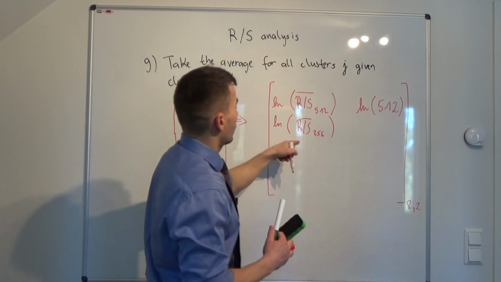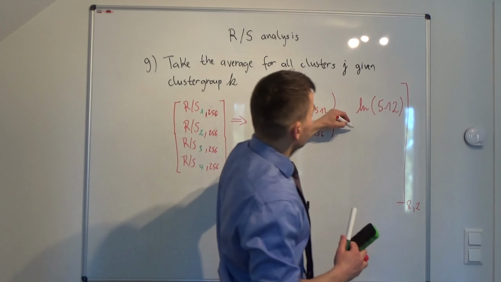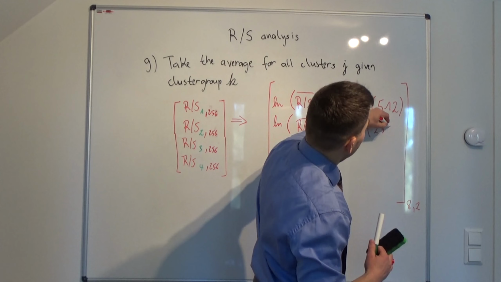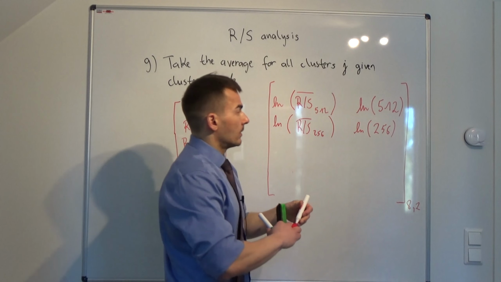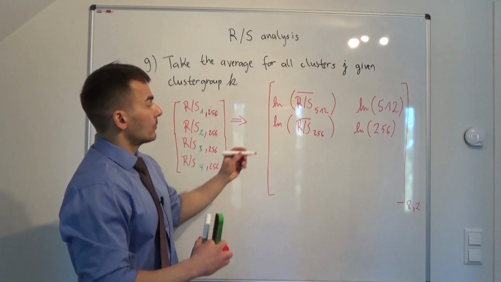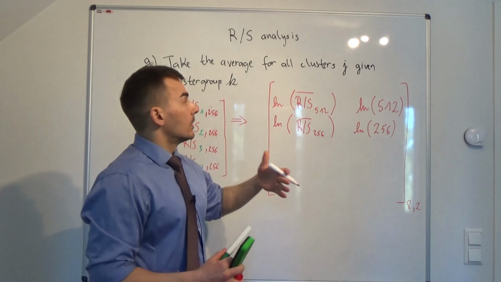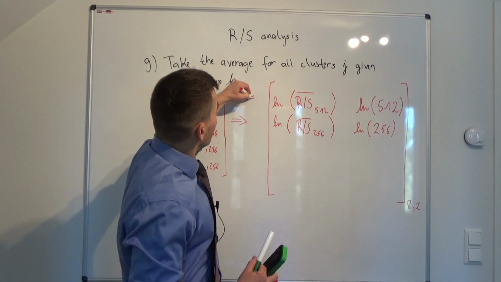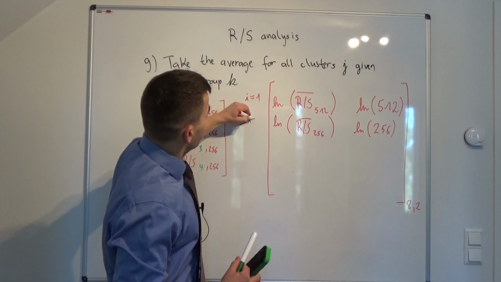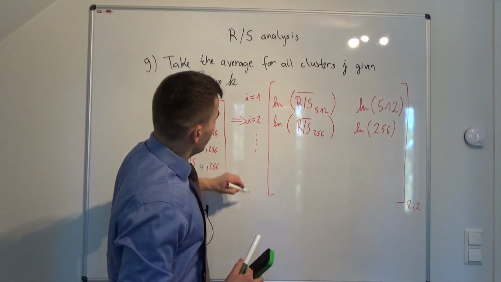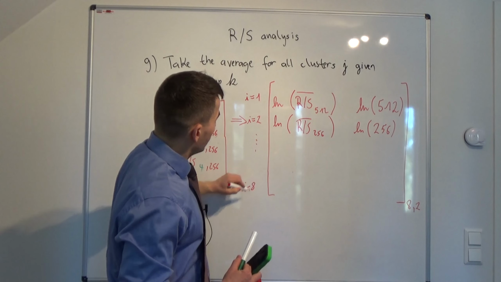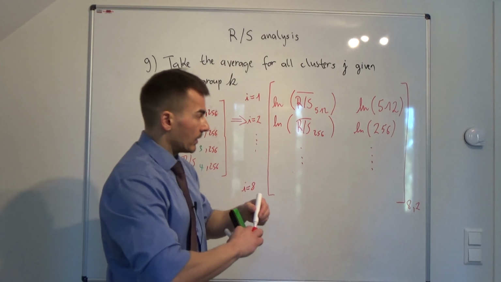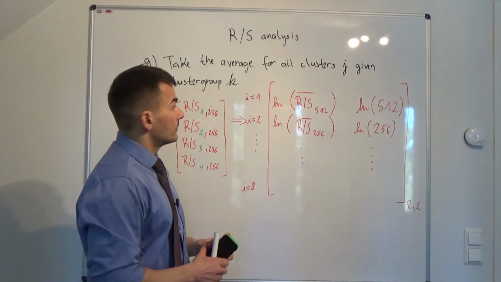Again, we take the natural logarithm of the sample average, and the next element would be simply the logarithm of 256, as this would be the next cluster size. Yeah, and we do this obviously for I is 1 until I is 8. Here I is 1, here I is 2, and we would do this until I is equal to 8, until our data matrix is completed.